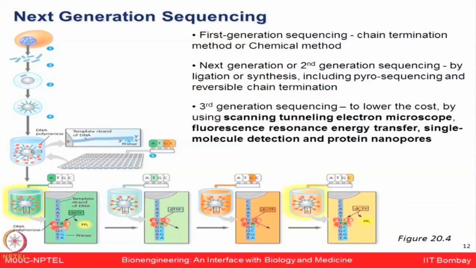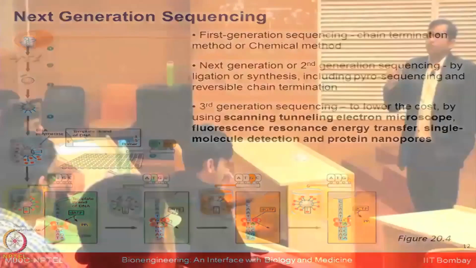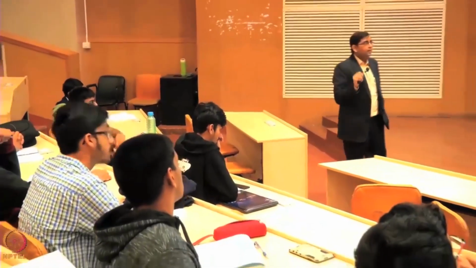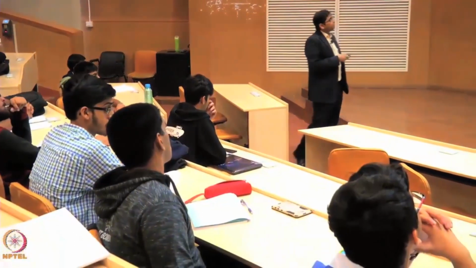The original one was first generation sequencing, either the chain termination or the chemical method. Then we have the second generation sequencing methods, which include pyrosequencing and reversible chain termination. The third generation sequencing is where we now started seeing a lot of engineering and physical principles being involved in sequencing, and that has really accelerated the pace of sequencing technology.